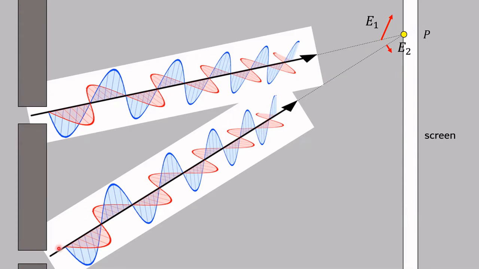Yes, one of them goes just a little bit farther than the other, but the difference is so small, we don't need to worry about the inverse square law. So there's no significant change in amplitude because of the extra path length difference. Okay, so if they have the same amplitude, E1 and E2, then clearly they're out of phase. One is towards its peak value, and one is clearly not.